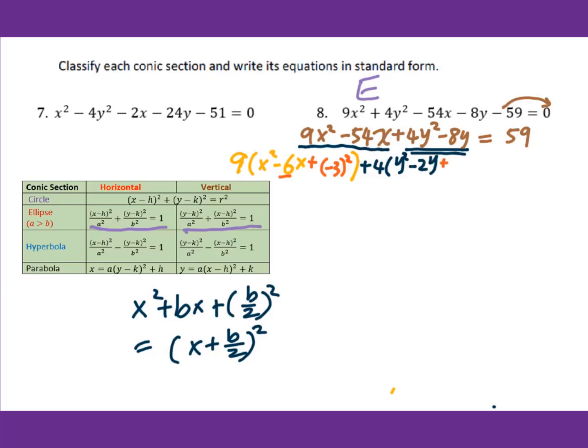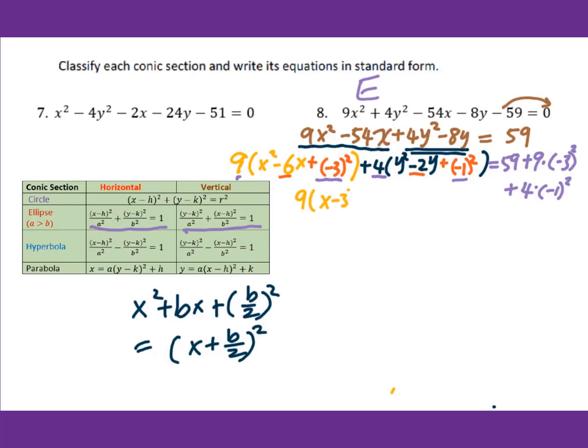Then you need to add (b over 2) squared. b is negative 2, divided by 2 is negative 1. Then equals 59 plus, you add negative 3 squared on the left side, so you have to add it to the right side. The factor is 9, so 9 times. Also, you have to add negative 1 squared. We do have a factor before that, that is 4 times.